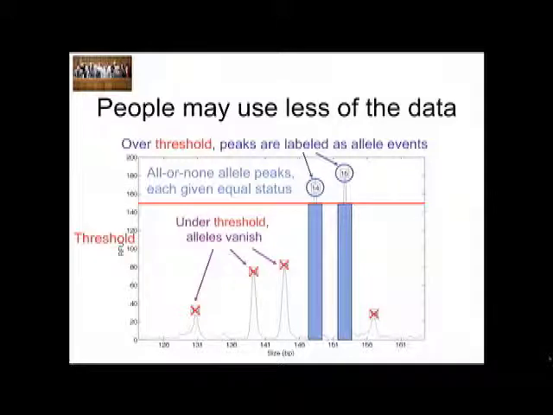Those peaks that are over the threshold, here 14 and 15, are labeled as allele events, and they're given equal standing. 14 and 15 are both considered to be in without regard to their peak height. And then the peaks that are under the threshold are not used or less used, depending on the specific method, in the analysis. So the quantitative data of patterns is reduced to all or none putative allele events.